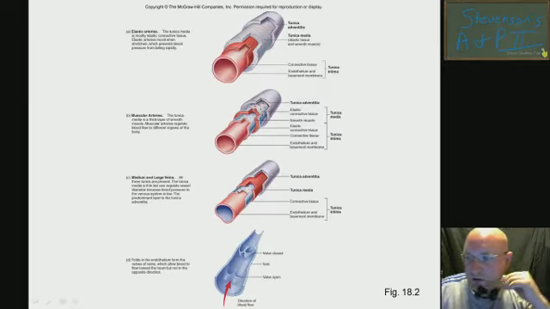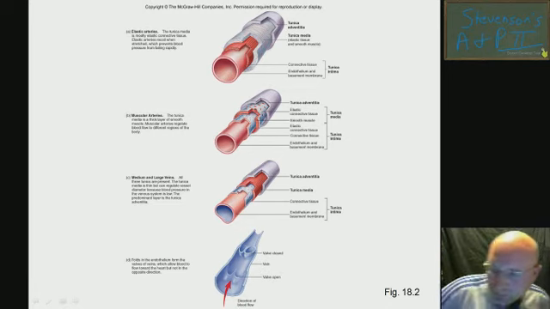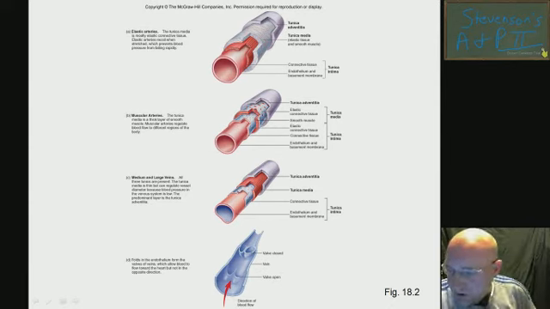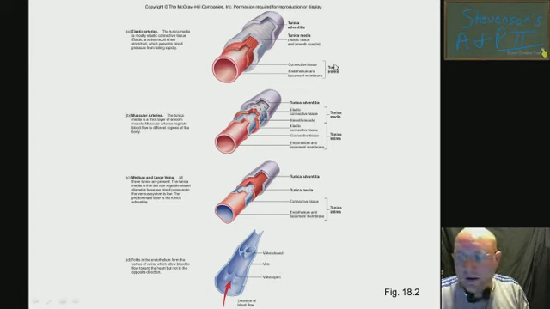So here we can look at different types of arteries. We have elastic arteries up top, as well as the muscular arteries, medium and large veins. Notice that we have quite a bit of difference. The elastic arteries have what that the others do not have? The tunica media. As you can see right here, the tunica media provides the ability for the arteries to expand because they are elastic.